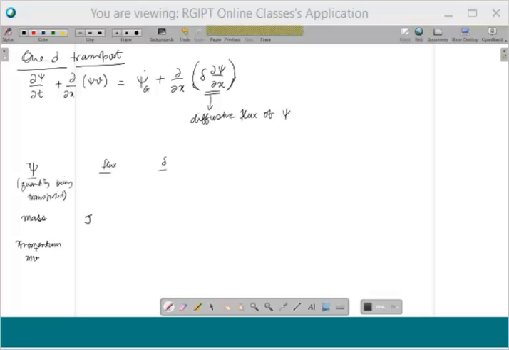Let's consider one dimension, so I've not put a vector sign over here. Now momentum in general, I should probably bring momentum last.